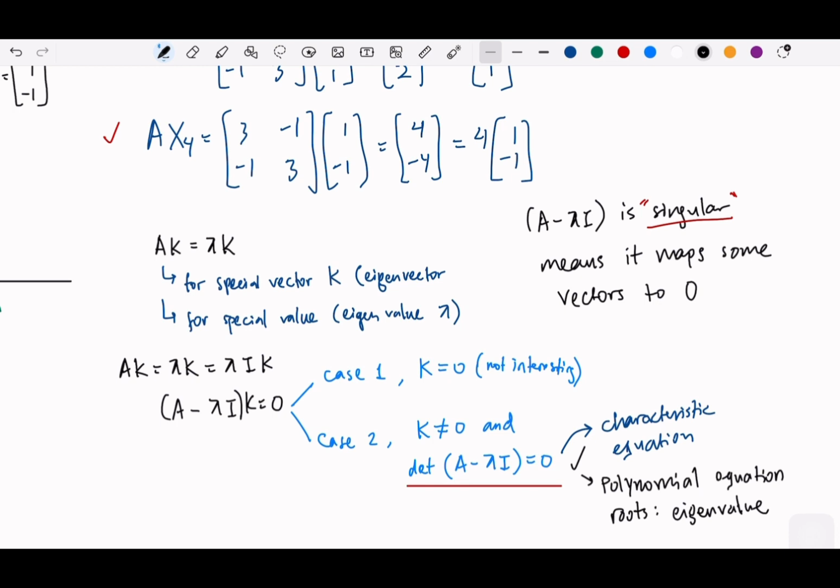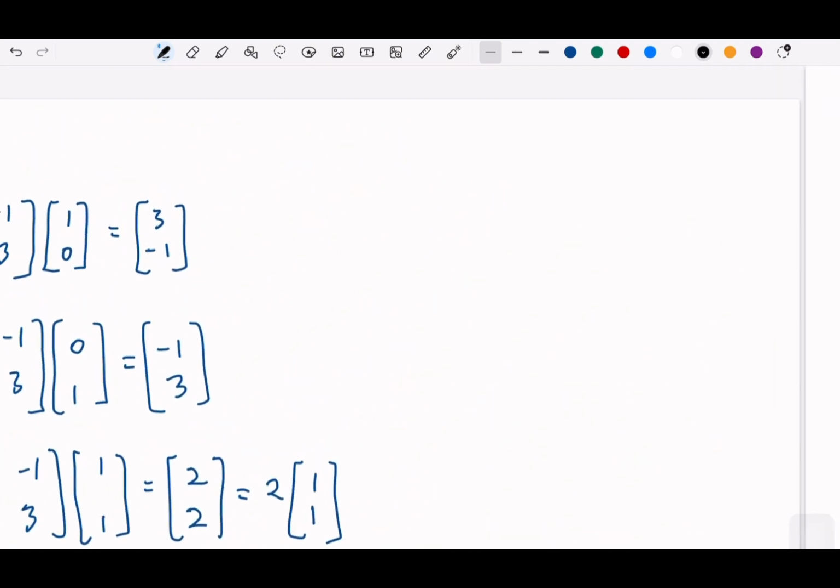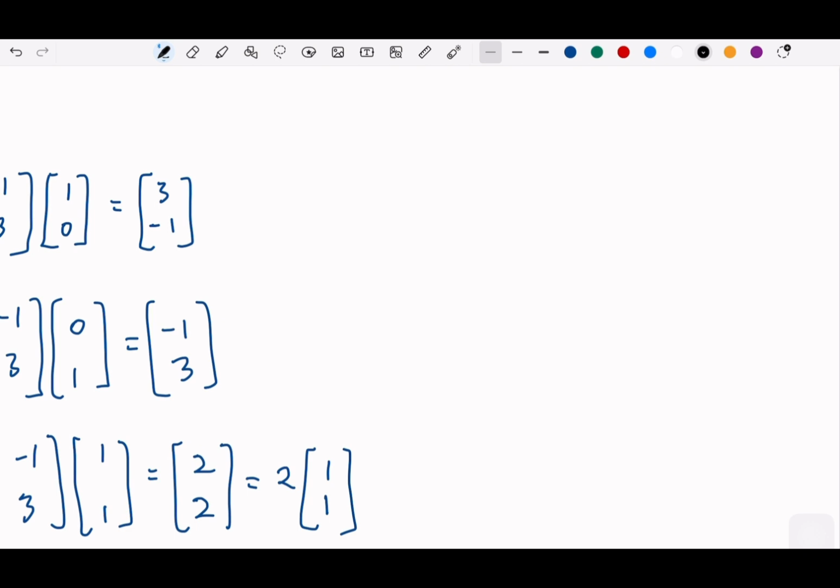Okay, but let me just go through this part first. So basically we are going to have the polynomial equation. And if you remember the determinants in vectors, if you perhaps learned vectors before, I also forgot whether I have taught you this one or not, but let me write some notes here.